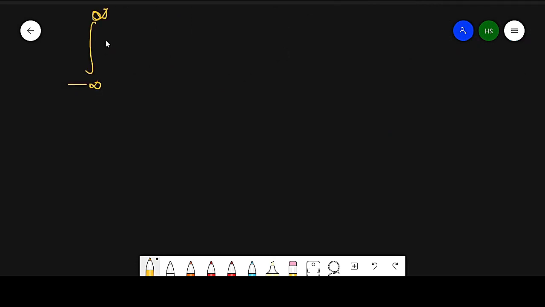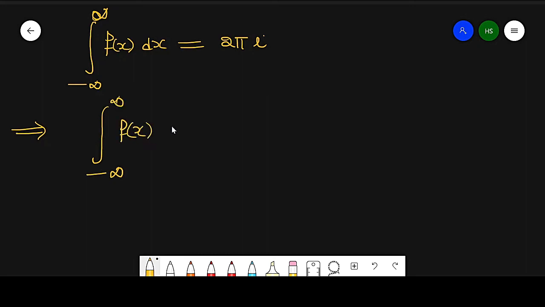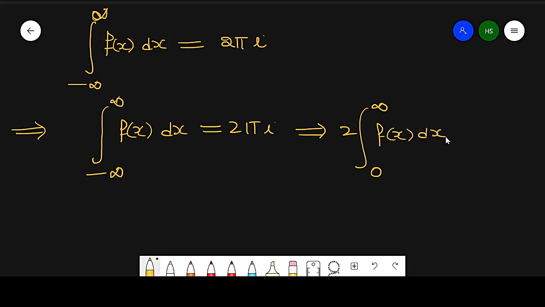It implies the integral from minus infinity to infinity of f x dx is equal to 2 pi iota. So it implies 2 times the integral from 0 to infinity of f of x dx is equal to 2 pi iota. So this 2 is cancelled with this term.